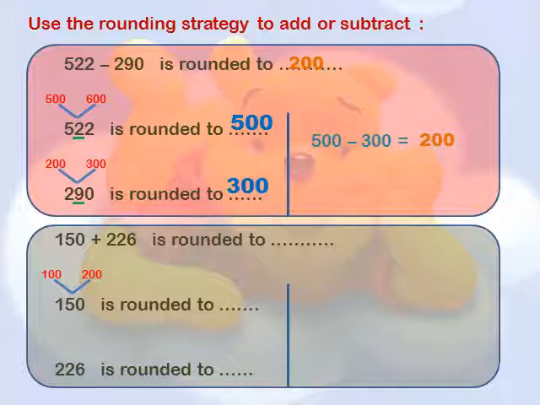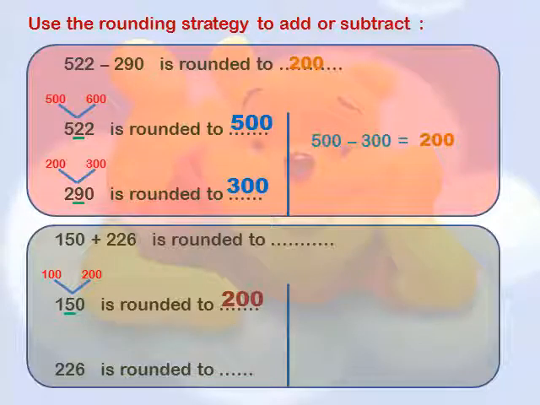Yes, 5 is between the 1 and 0. And 5 is weak or strong? 5 is strong. So since it's a strong number, it will do what? It will round up to the greatest 100. So it will be what? It will be rounded to 200.